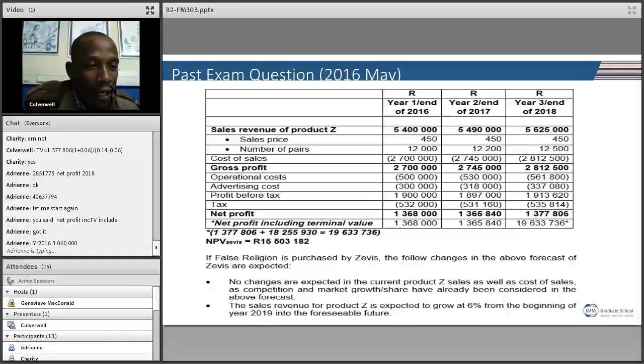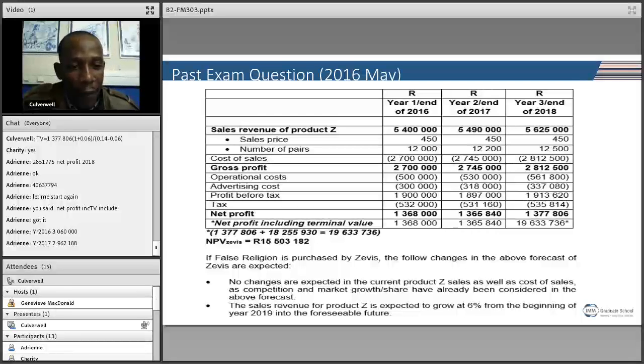That's right. You can just write the figures respectively. Year 2016, 3,060,000. Thank you.